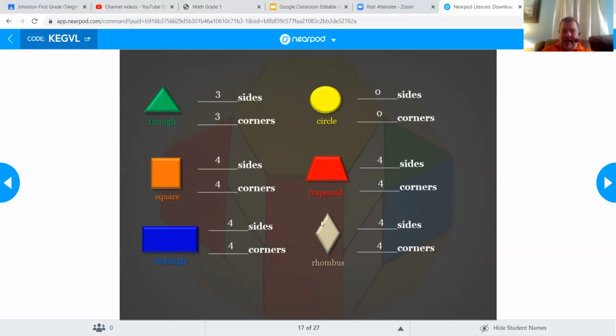Our rhombus has 1, 2, 3, 4 sides and 1, 2, 3, 4 corners. So out of the 6 shapes that you see before you, the square, the trapezoid, the rectangle, and the rhombus all have 4 sides and 4 corners. The triangle has 3 sides and 3 corners, and the circle has no sides and no corners.